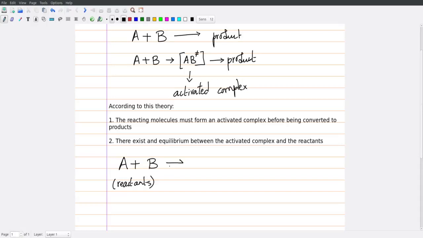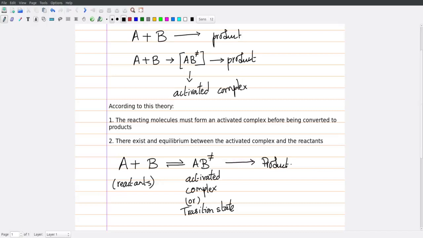They are in equilibrium with AB dagger, which is called the activated complex, or sometimes also referred to as the transition state. And then this breaks down into products.